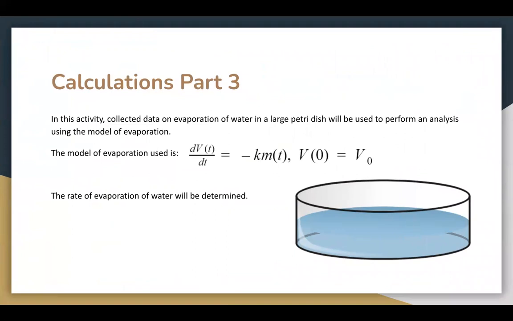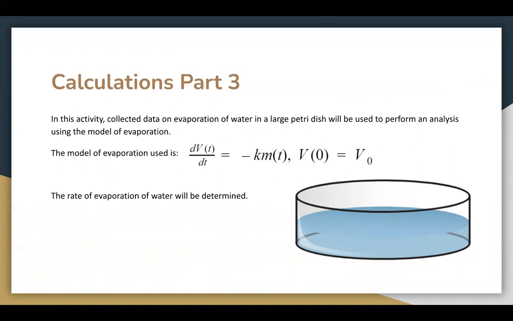For this activity, we are trying to find the rate of evaporation of water. In the experiment, we collected data in a large Petri dish on a digital weighing scale. The model that we used was one of our own, negative k, which is the rate of evaporation, multiplied by the mass at a specific point in time.